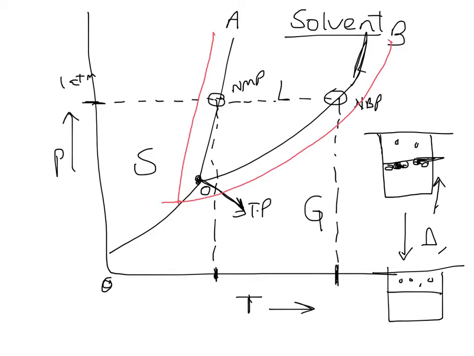And how does that culminate in boiling point? Like I said, you will have to supply additional energy to get the same value of vapor pressure as you had in the case of a pure solvent. Well, let's see in the curve what it means.